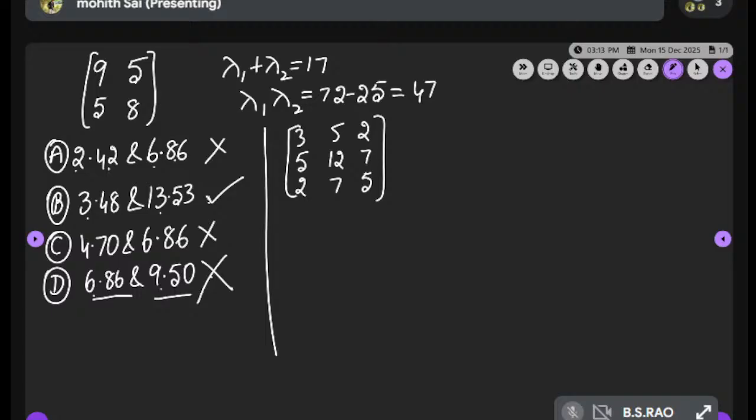Options 0, 1, 2, 3. Option A is 0, B is 1, C is 2, D is 3.